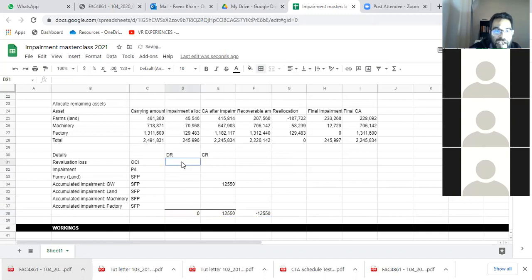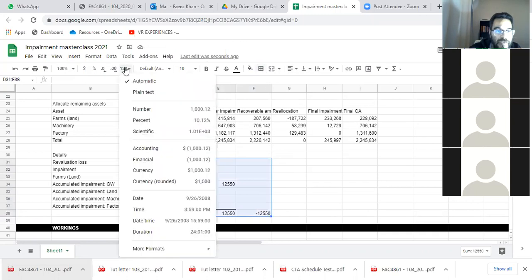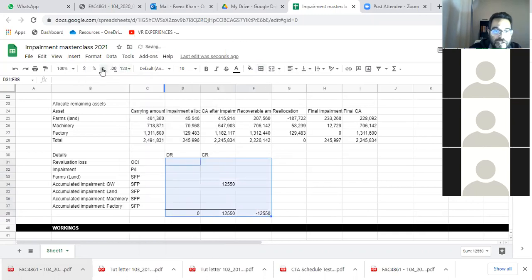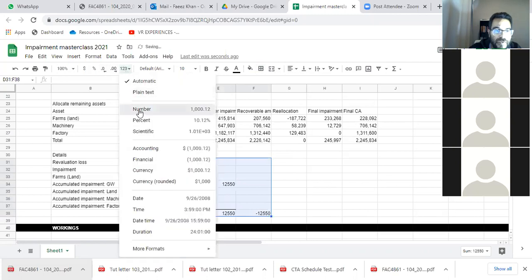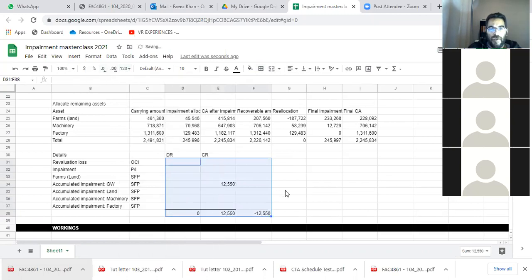Currently, my journal is not balancing. As expected, the journal is not balancing, so we didn't fill in everything yet. Now we included goodwill, so goodwill is sorted.